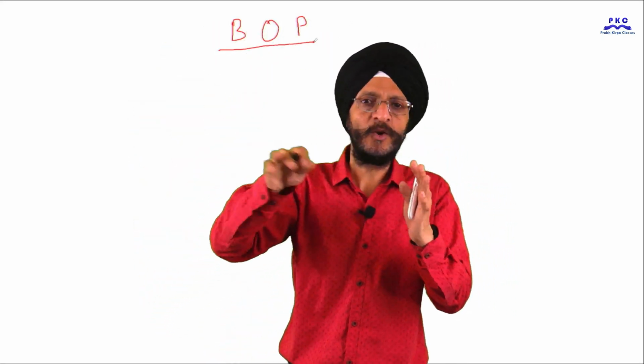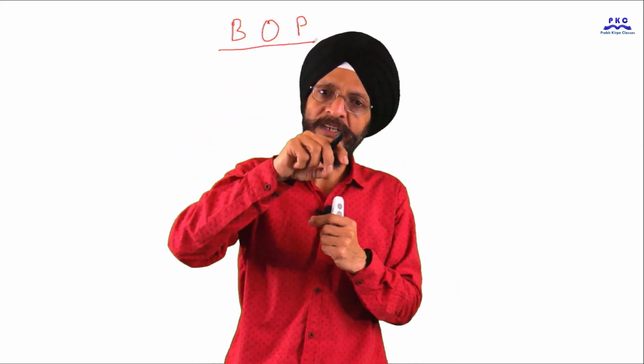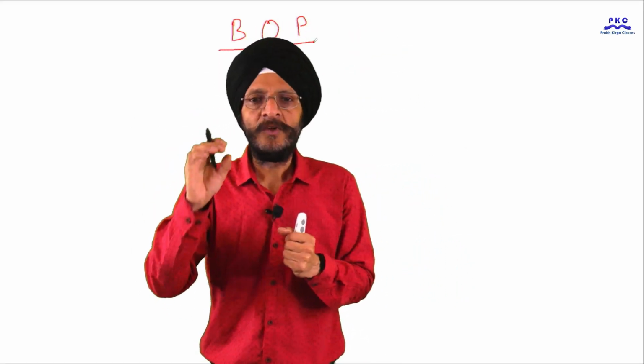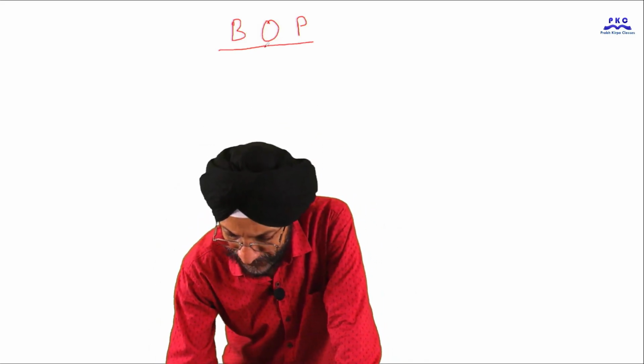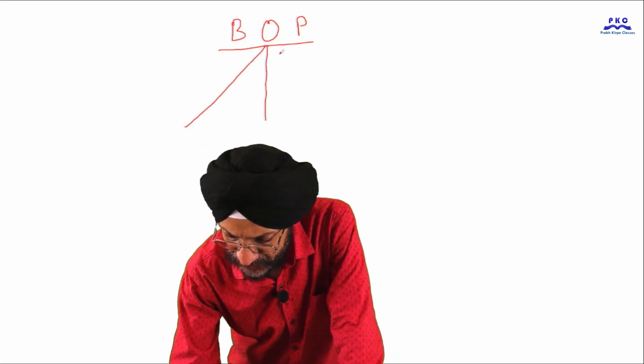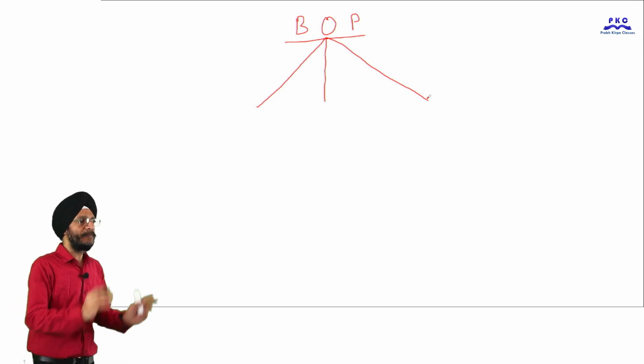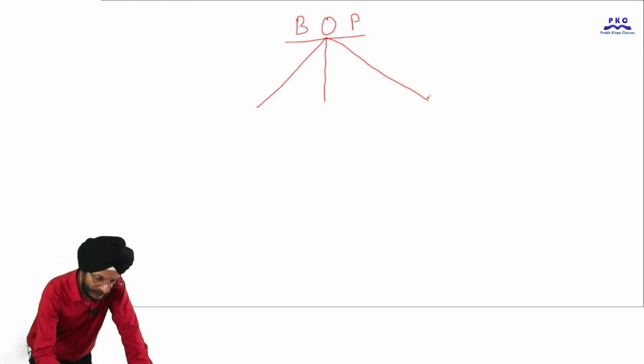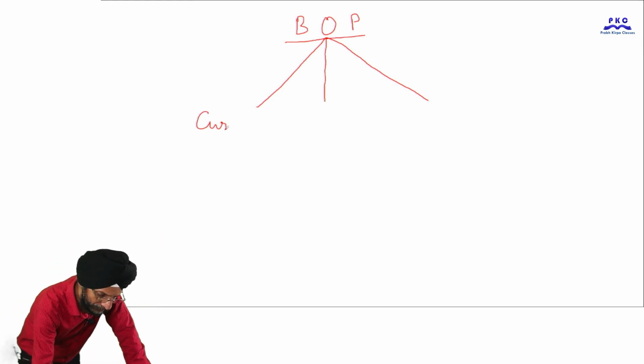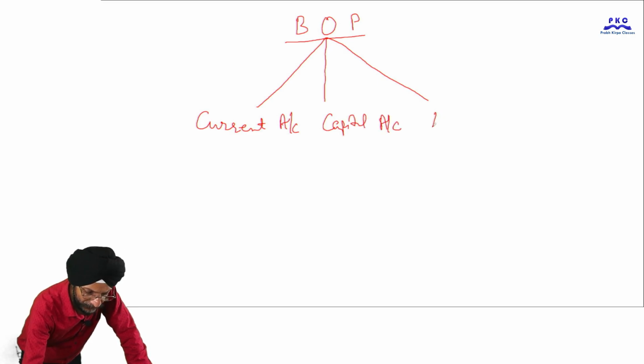So all these economic transactions are recorded in balance of payments. You have already learned that balance of payments consists of three components: current account, capital account and financial account.